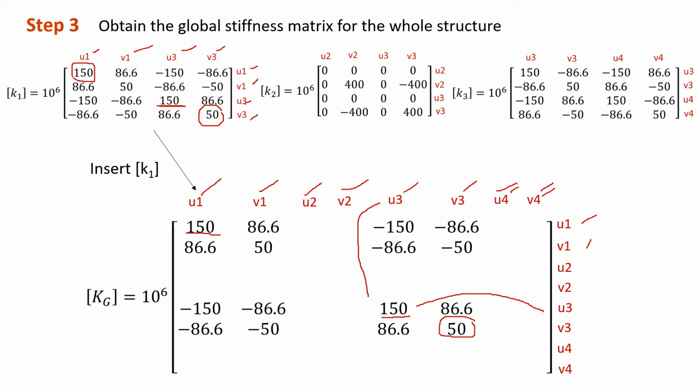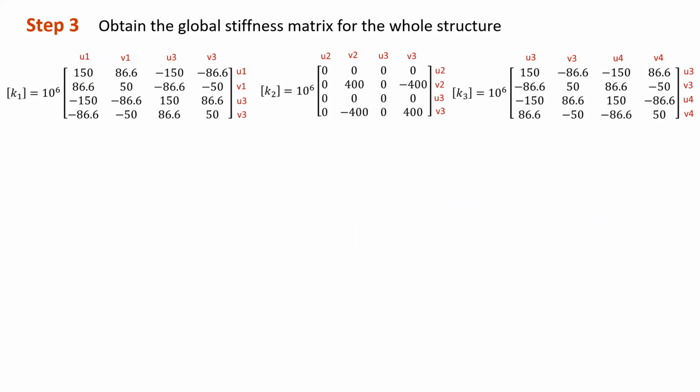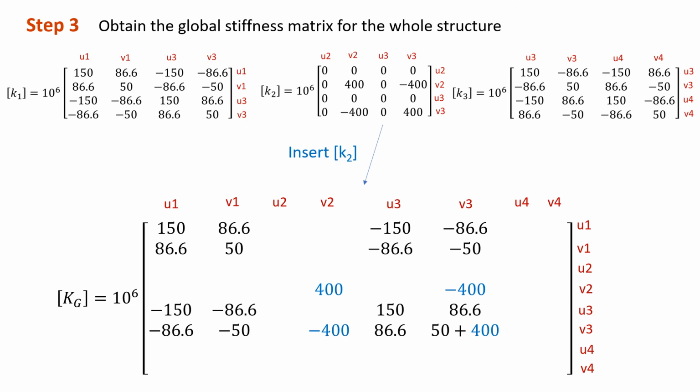Next, we want to insert the second K matrix, which is for the second element. We insert the second element into the global matrix, represented by the blue color. This second element starts from V2 and V2, so check V2, V2, we have 400 here.